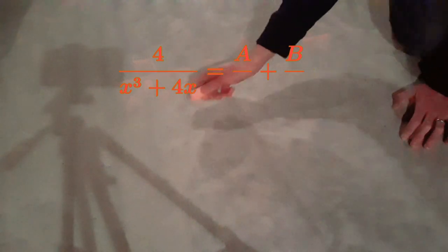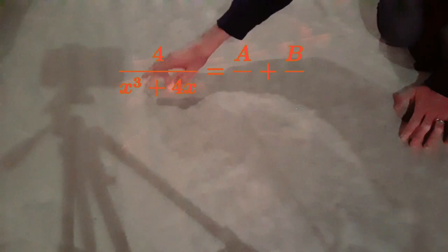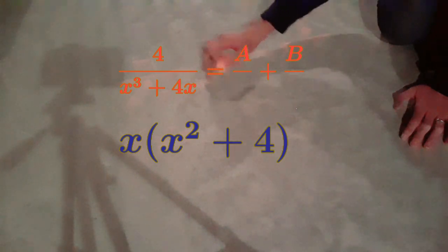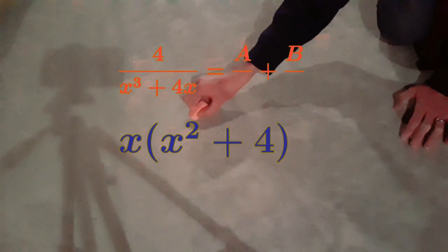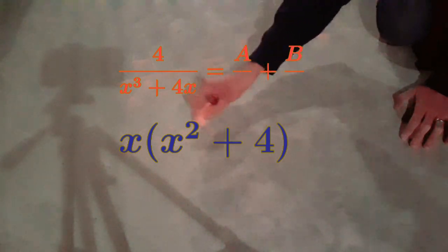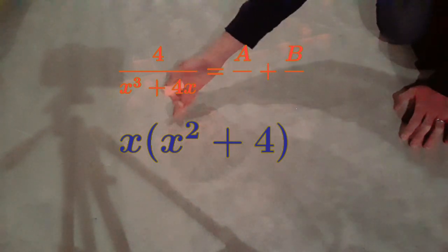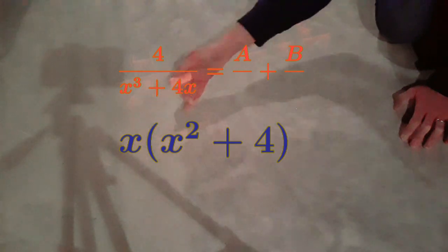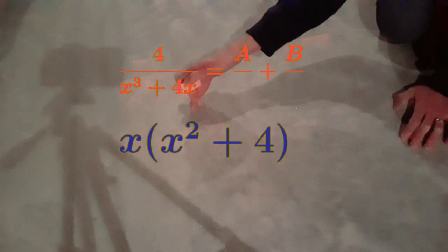If we look at this, we can use the greatest common factor and factor an x out of this. x cubed divided by x is x squared, and then 4x divided by x is just the 4. When we look at this, we have x squared plus 4. We see this is a square and this is a square, but it's a sum of squares.